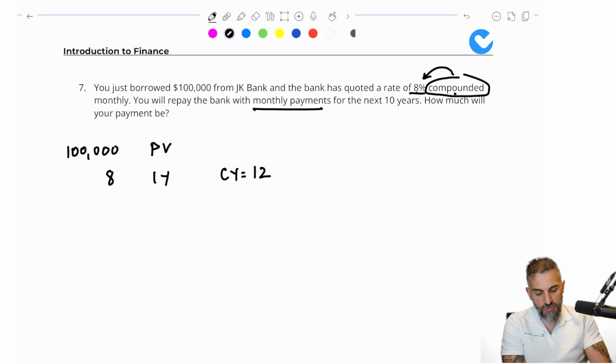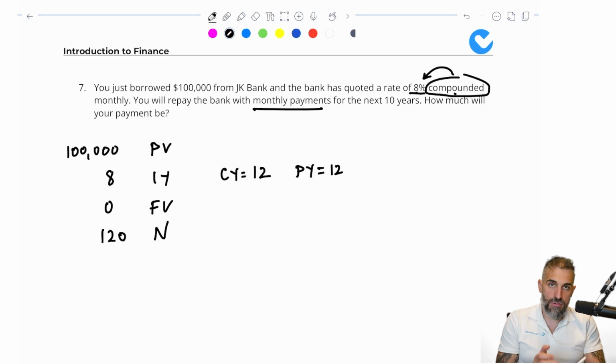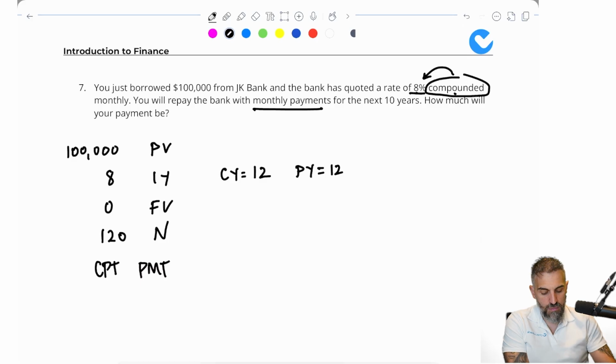And my payment frequency is also 12. 0 future value, and N is 10 times 12, right? I'm making monthly payments for 10 years. Monthly payments, 12 for 10 years. Compute PMT.